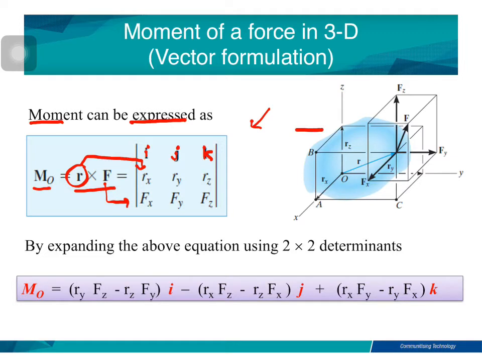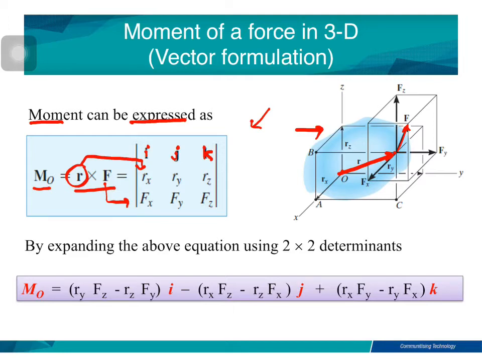You may see from this figure that when we have the F in 3D, this F in 3D is resolved into Fx, Fy and Fz. Also, the position r is determined from this point O to this point on F, so we need to get the coordinates in i, j and k.